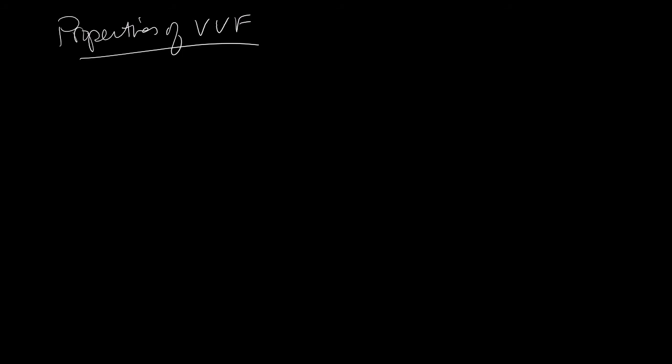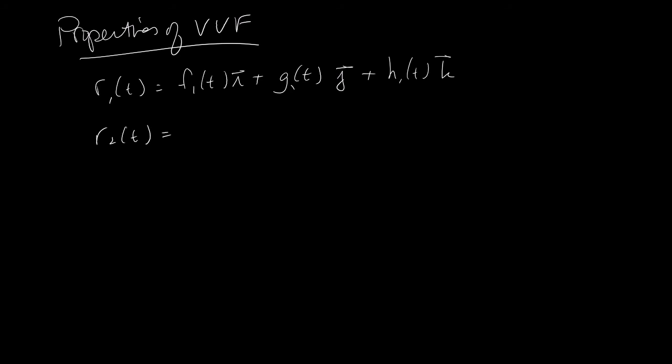Okay, so first of all, it follows basic operations. If we have r1(t) equal to f1(t) i plus g1(t) j plus h1(t) k, and r2(t) equal to f2(t) in the i direction plus g2(t) in the j direction plus h2(t) in the k direction, and that's supposed to be a 2.